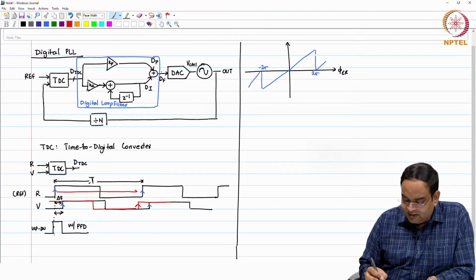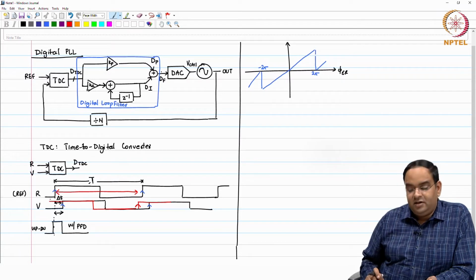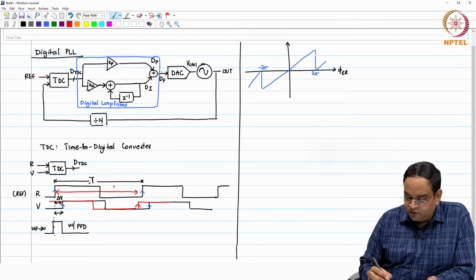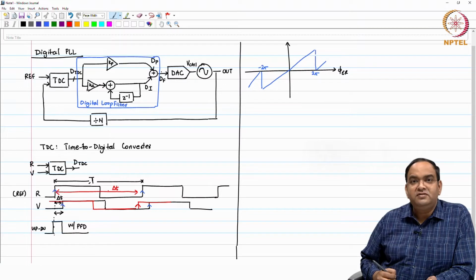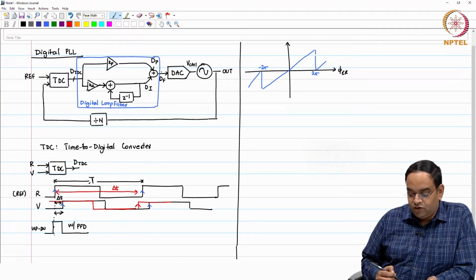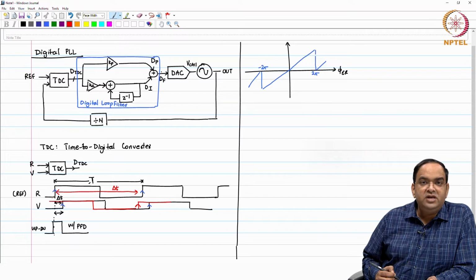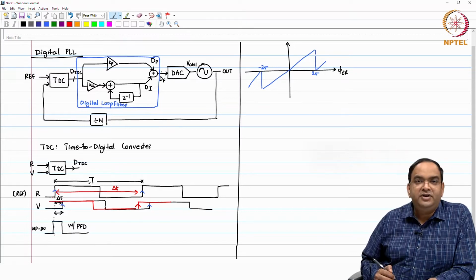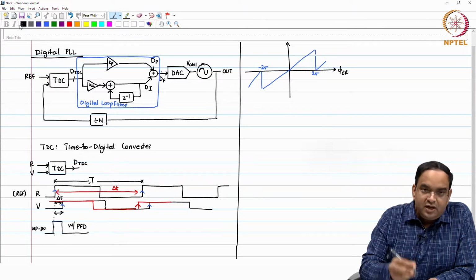The rising edge is delayed by delta t, which is closer to one reference period. Similarly, you can have delta t where the rising edge on R comes after the rising edge on V, and that period can range from a small delta t to a large value of delta t.